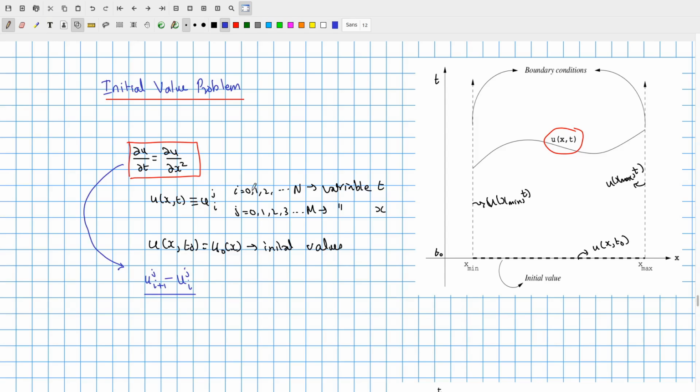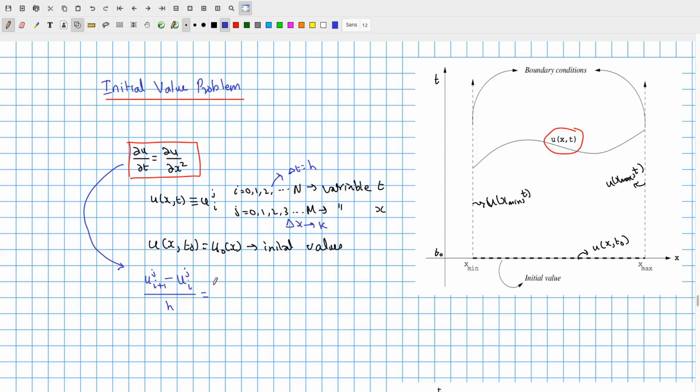For the case of i, we will use this interval as delta t, which we will call h, and for delta x we call it k. So this is going to be h, and the right hand side is going to be a central difference.